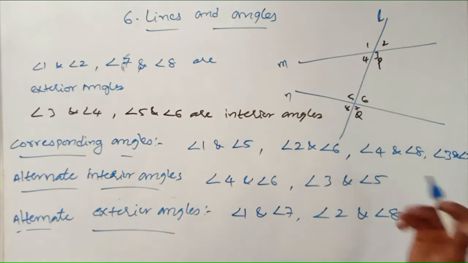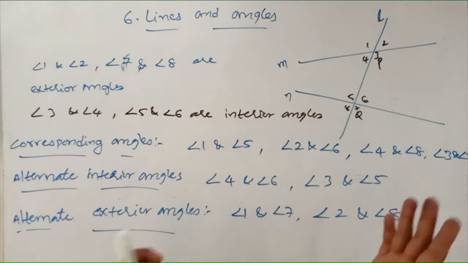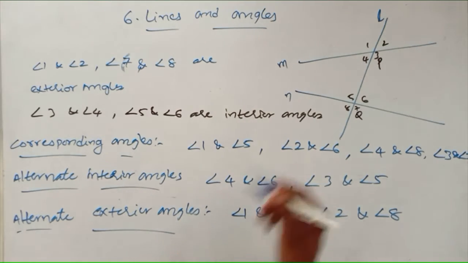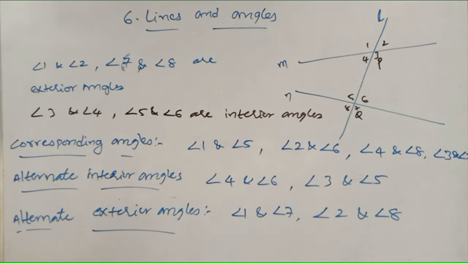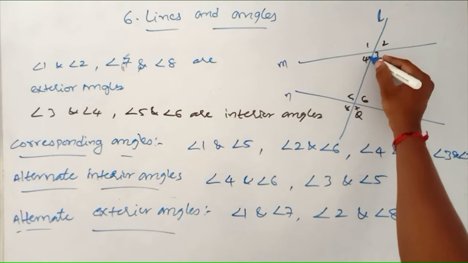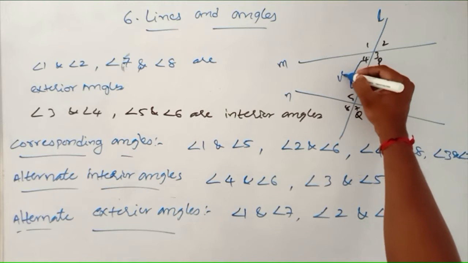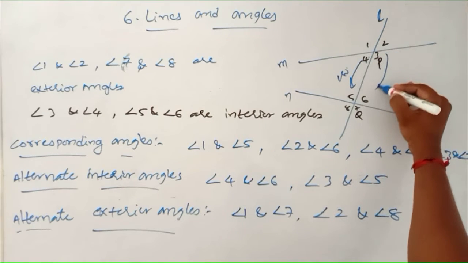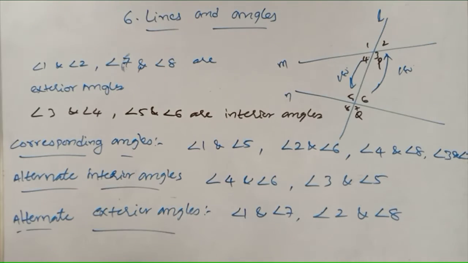Exterior means outside of the two lines M and N, and one angle should be on the right side and one on the left side of the transversal. When I add the two interior angles on the same side of the transversal, that is angle 4 and angle 5, the value is equal to 180, and also angle 5 and angle 6 is equal to 180.